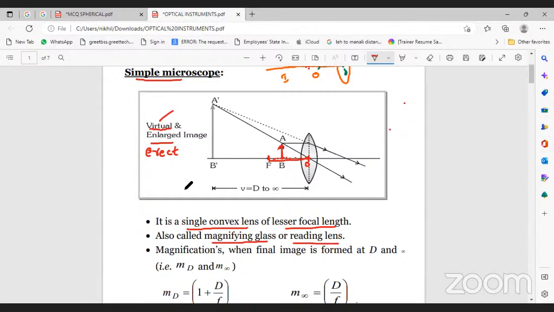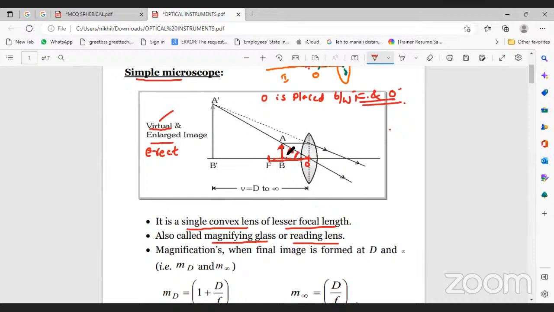In the simple microscope, object O is placed between the principal focus and the optic center. Now, can you tell me the beta and alpha value for this? This is the beta, right?